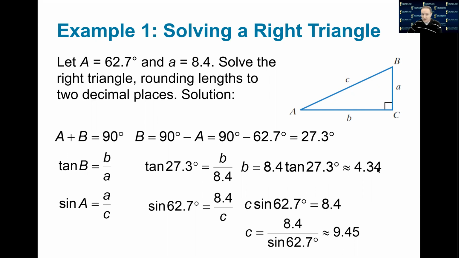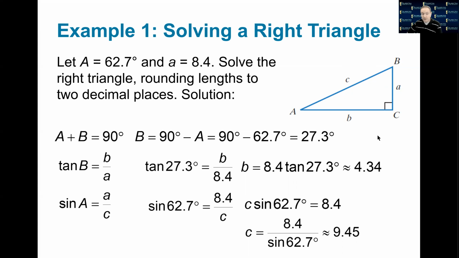Now in this section, your book will be consistent. They will always ask you to approximate any angle measurement to 1/10 of a degree and any side measurement to 100th of a unit. So I went ahead and just said, well, this is going to approximately be 4.34. Now, if at all possible, I would rather not use that approximated value to find another value.